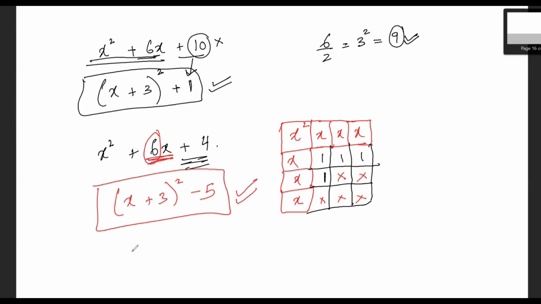For example, now I write x square plus 4x plus 5. I don't want a bigger number, that's why I choose this. Now let's check again with the box method.